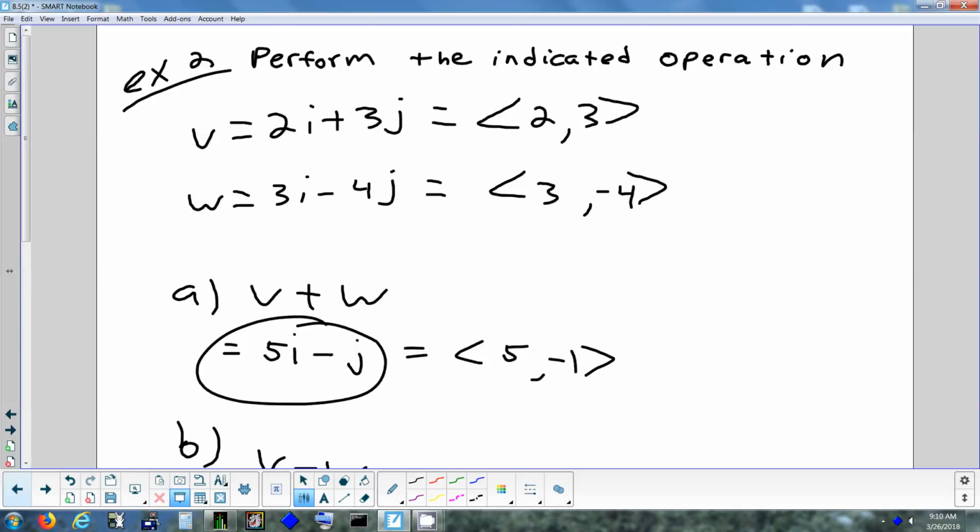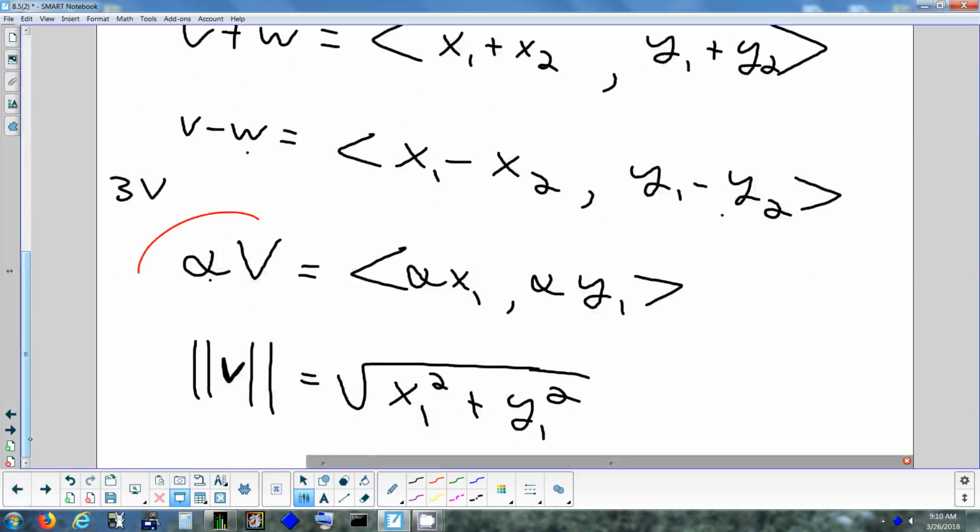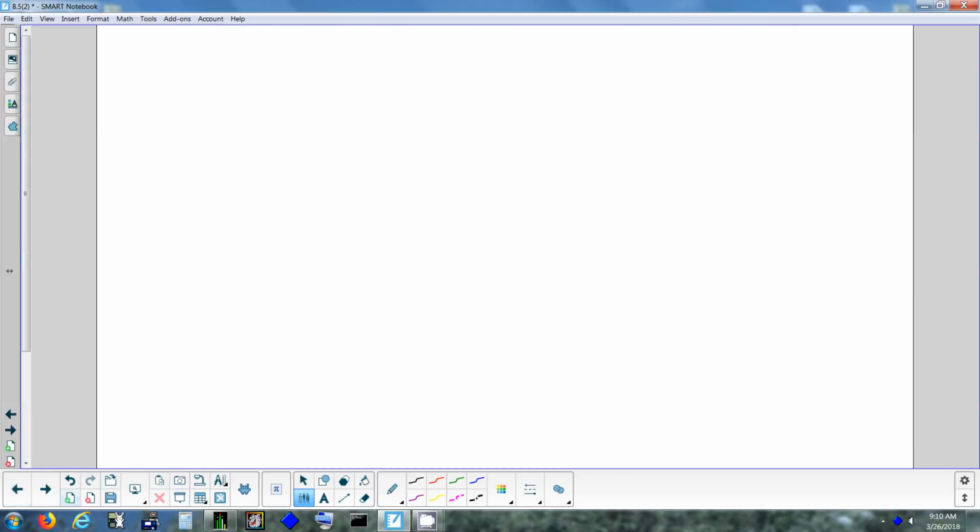So the idea is we're using this formula right here. All you have to do is take your vector and scale it by a fraction. Just to do a simple one that I can do in my head, take the vector 3, 4. That's a 3, 4, 5 right triangle.